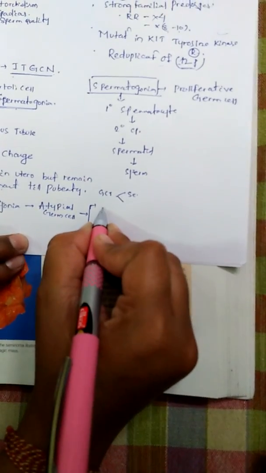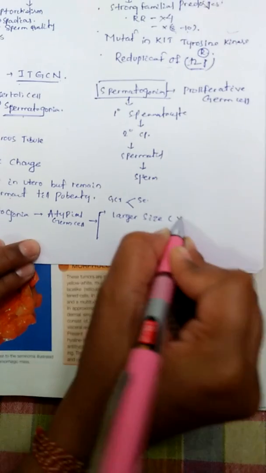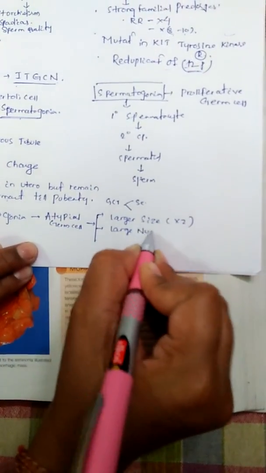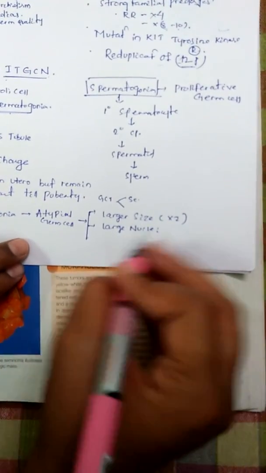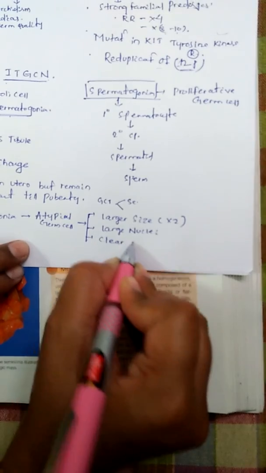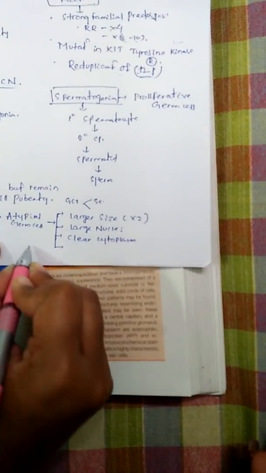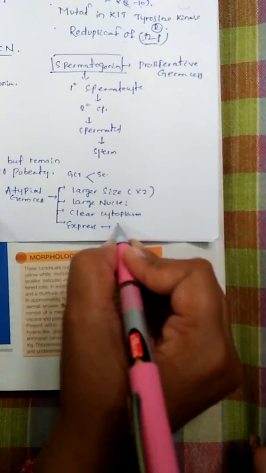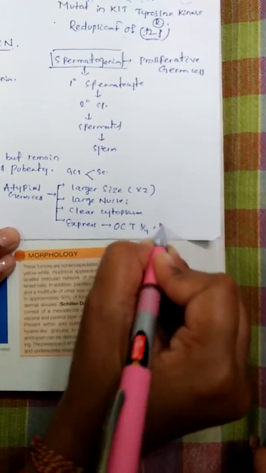It has a larger size, two times the size of the normal cell, larger nuclei, and clear cytoplasm. This atypical germ cell expresses two transcription factors, which is very important: OCT3/4 and NANOG.